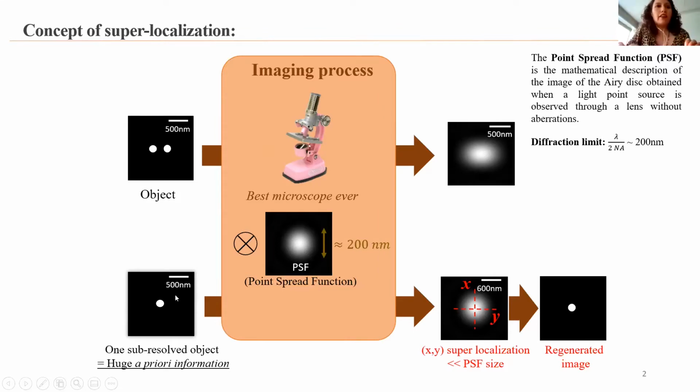So if we have our sample of these point emitters of light spread enough so that we can isolate the image of the PSF of each of them, then we can super localize them and regenerate the image and therefore localize the fluorescent nanobodies.